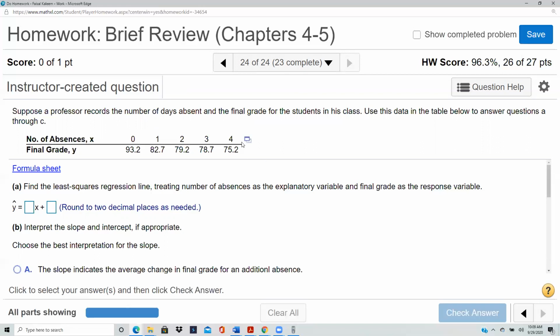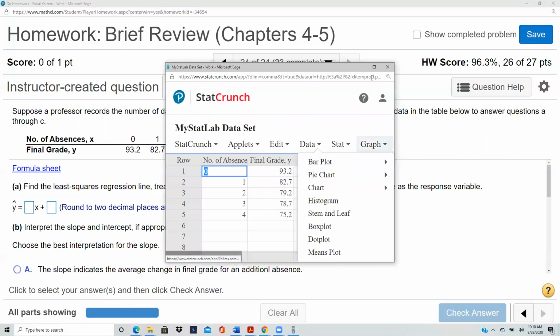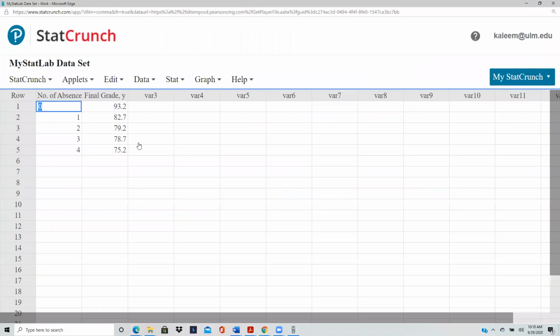So what do we do here? Copy in StatCrunch? Yes. And then the same command?